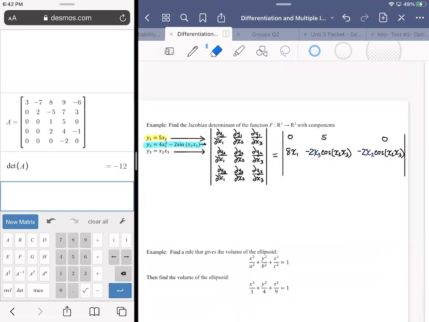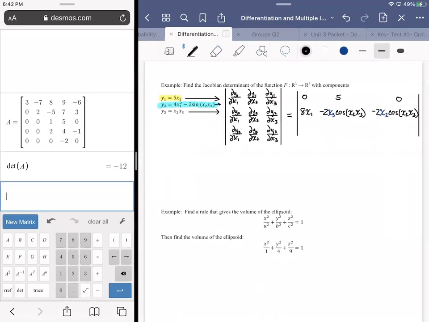All right. So then the last set of entries, with respect to x sub 1, x sub 2, x sub 3 again, we're looking at this one. With respect to x sub 1, there is no x sub 1 in there, so 0.